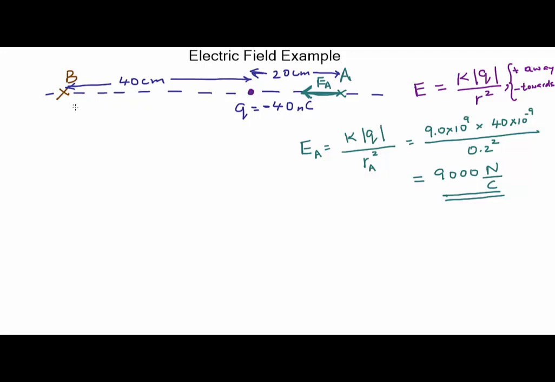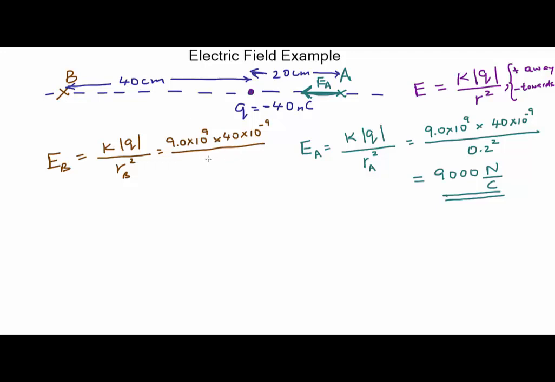Okay, moving on, if I want to get the electric field at point B, I do the same kind of work. I've got EB equals K times the absolute value of Q divided by RB squared, the distance to point B. And this would be, once again, 9.0 times 10 to the 9 times 40 times 10 to the negative 9 divided by the square of the distance.